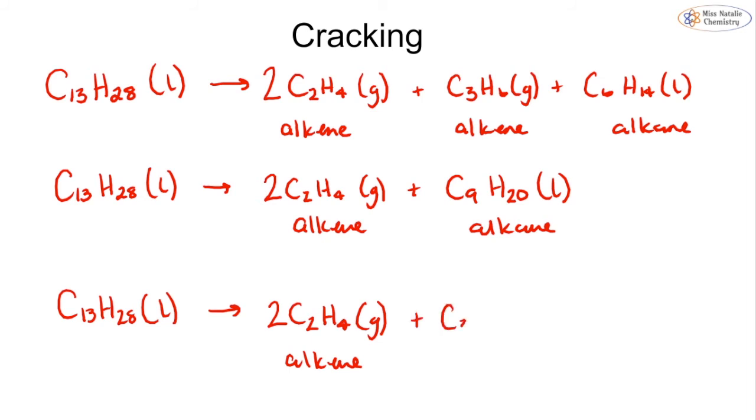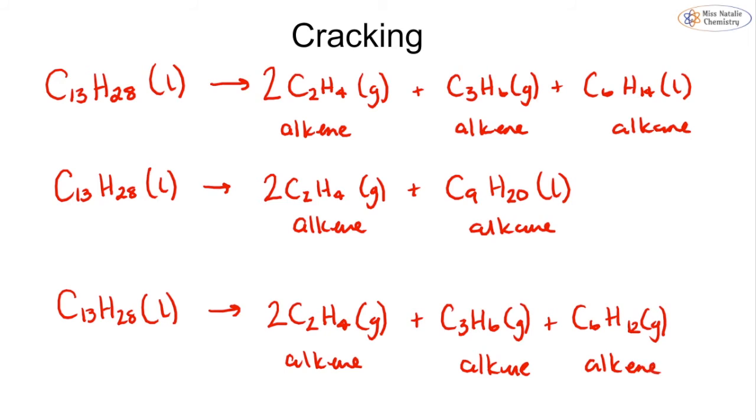I could make the C3H6 and a C6, and instead of C6H14, I might make C6H12, meaning I've made 3 alkenes. And that would cause me to have 2 hydrogens left overall. So my mixture that I make from my cracking experiment will either be a mixture of alkenes with 1 alkane, or if it's all alkenes, we will form some hydrogen.